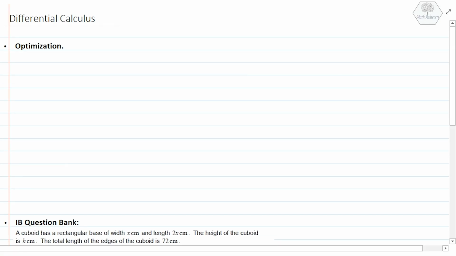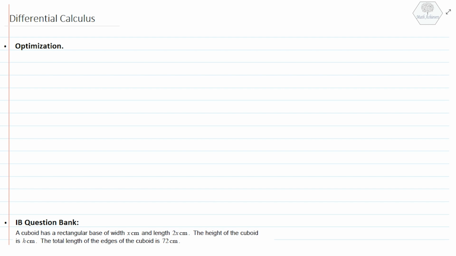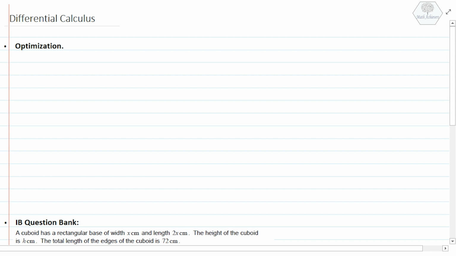Now let's talk about optimization. We always use optimization in context such that when I'm running a company and I want to find the maximum revenue, the maximum revenue is, in this case, considered to be the optimum value, which is the best value for the company.